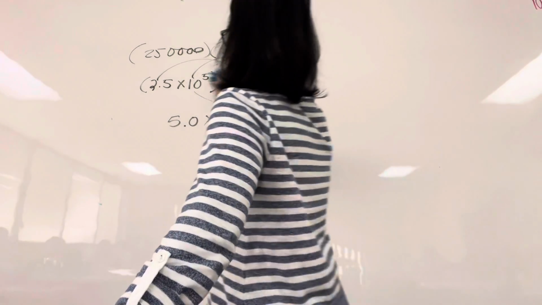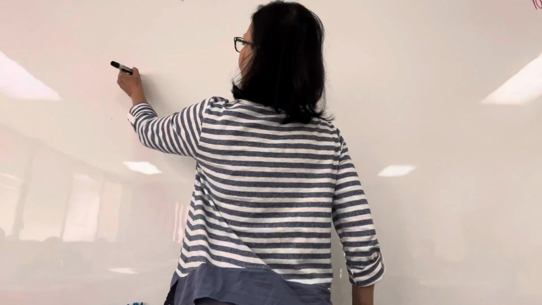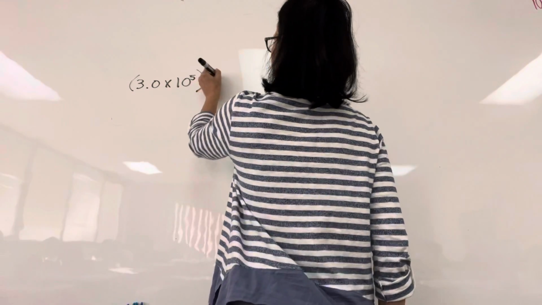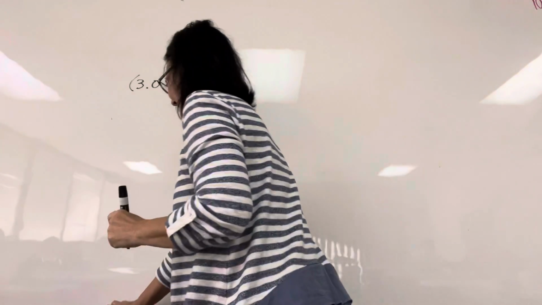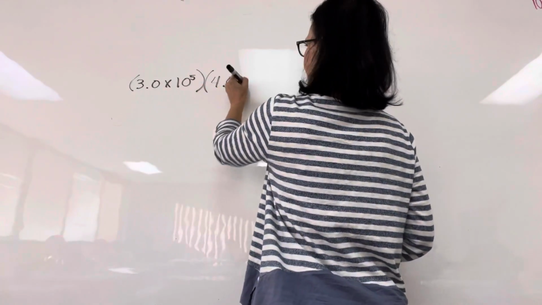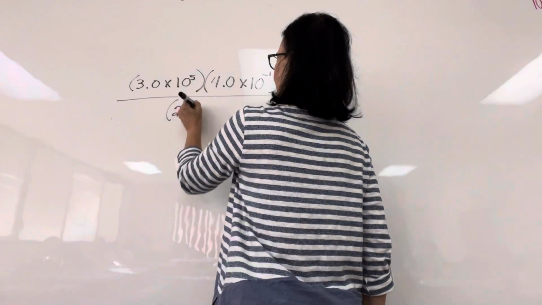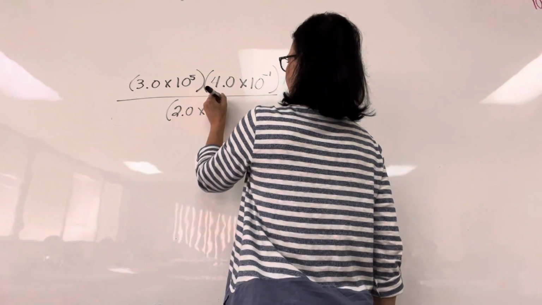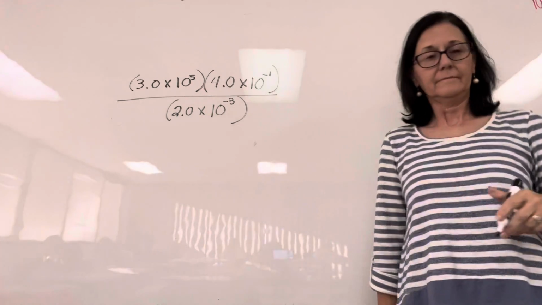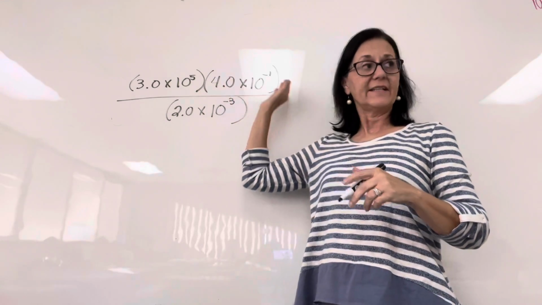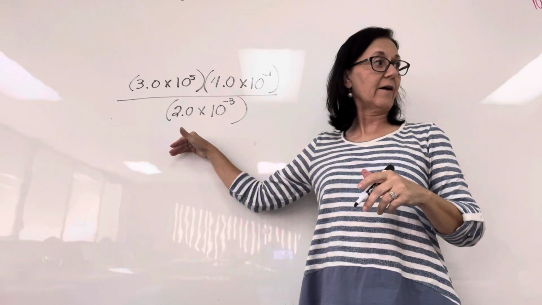All right? Now, what if I had, again, I'm going to make it easy. This really is a single term times a single term, and then I divide that result by a single value.